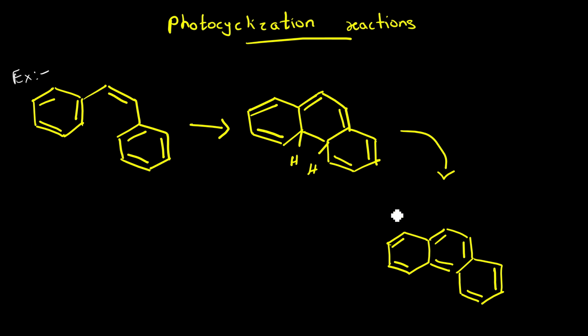Before we go into the real reaction mechanism, I want to introduce a few facts about these photocyclization reactions. First, these are concerted reactions, which means that when the reaction happens, the bond breaking and bond forming happen simultaneously. So these are concerted reactions, or otherwise we can say concerted mechanisms.